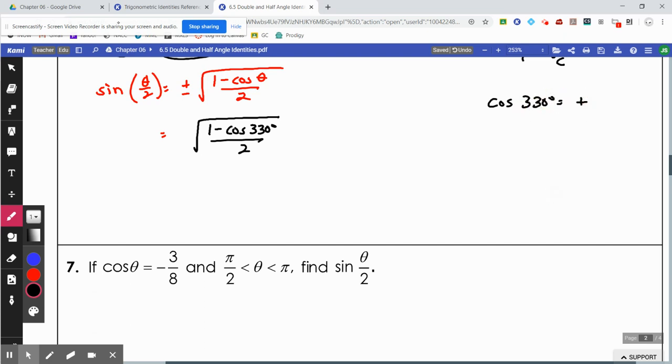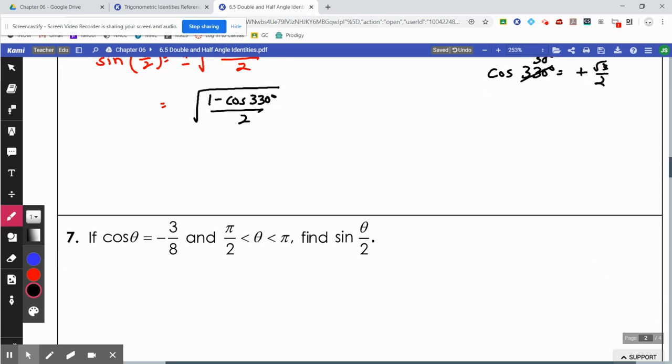So therefore the cosine of 330 is equal to positive. Use the reference angle. The cosine of 30 is root 3 over 2. So in my formula, I have 1 minus root 3 over 2 over 2. Common denominator on top. Let's go ahead and change colors here. That'll be a 2 over 2. So I now have the square root of 2 minus root 3 all over 2, and then all that over 2.